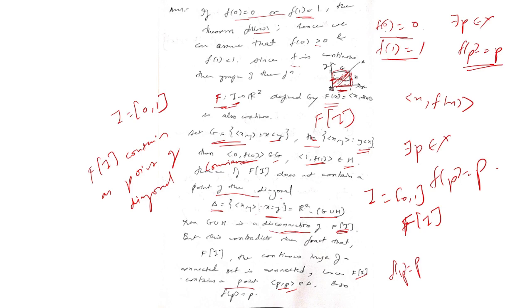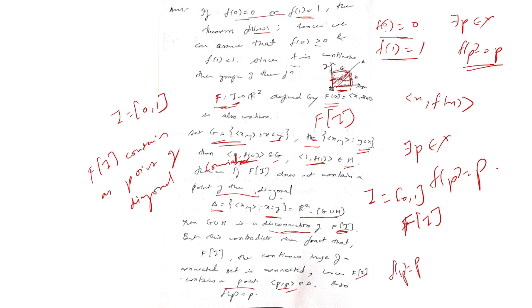Capital F, the image of I under capital F, does not contain the boundary of that, no, we have considered that for proving it by contradiction. No, you are saying that G and H are open, so I am asking whether capital F of I does not contain the boundary of the square 0 1 cross 0 1. It will contain the boundary, no, ma'am.